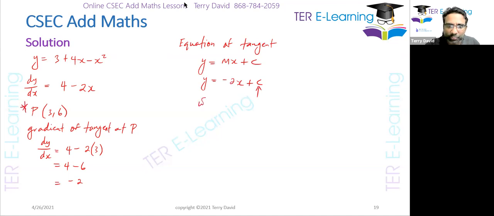So we know that when x is equal to 3, y should have been equal to 6. So therefore, 6 is equal to minus 2 multiplied by 3 plus c. Make sure that's correct here, minus 2.